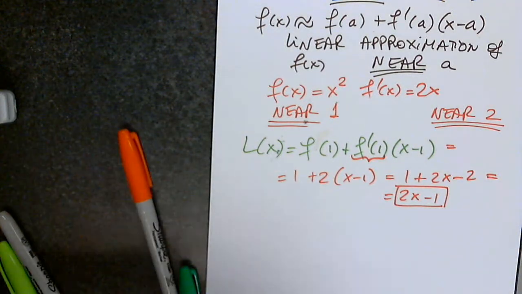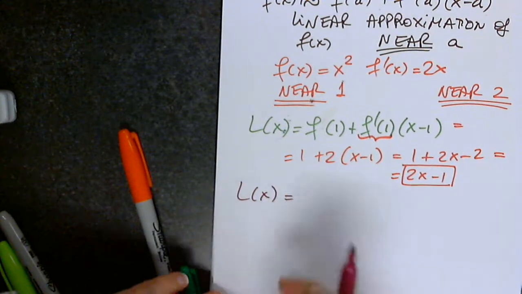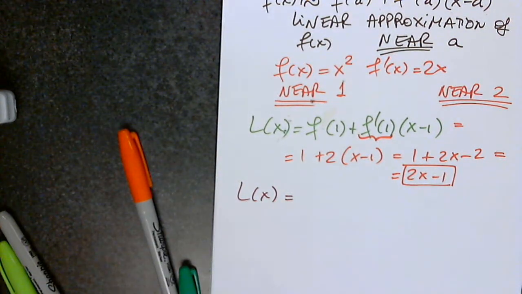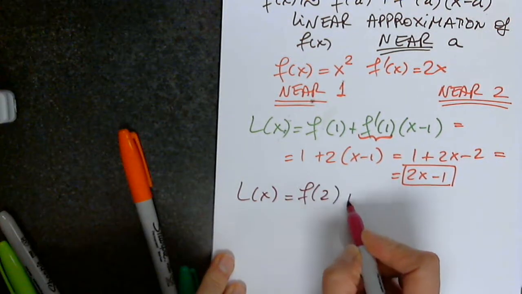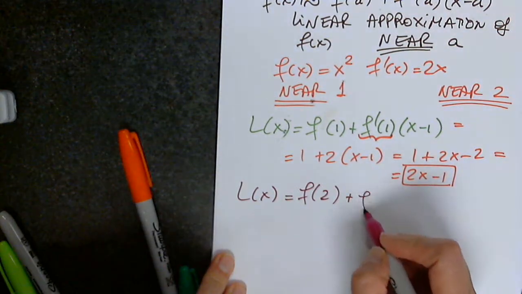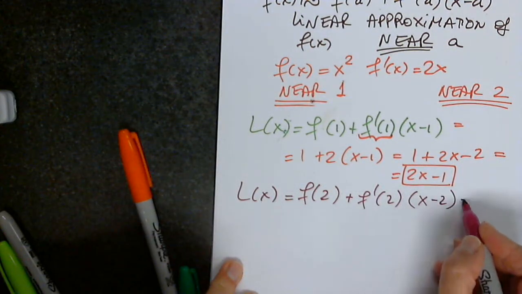Can anyone dictate near 2? How do I find the linear approximation near 2? It has to be a totally different line. What do I write? F of 2 plus f prime of 2 times x minus 2, of course.